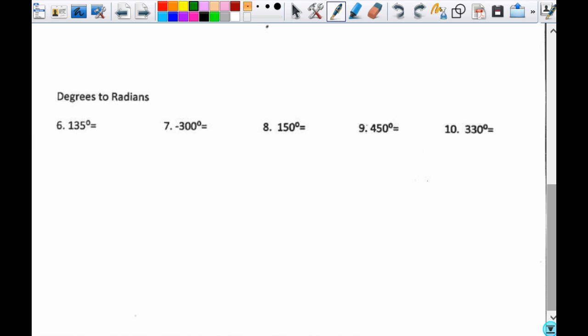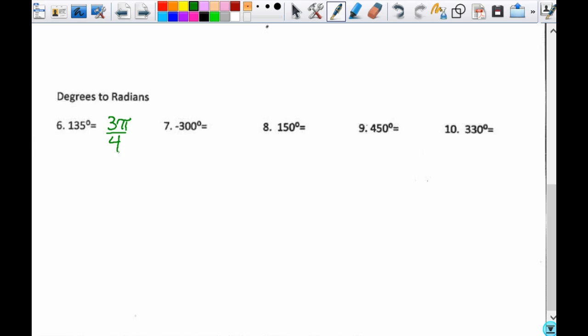What's 90 plus 45? 135. So it goes in there 3, right? So what is 45 as radians? Pi over 4, right? And how many 45s is this? 3. So this is 3 pi over 4. Bam. There you go. Okay? You have to know your multiplication facts and stuff to be able to do this.